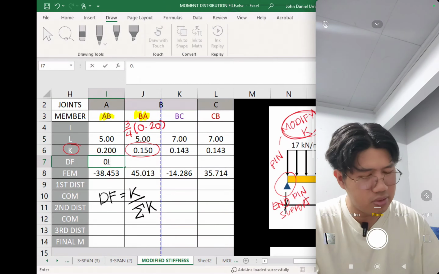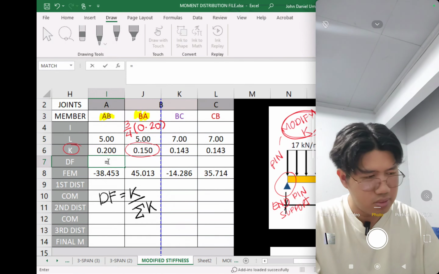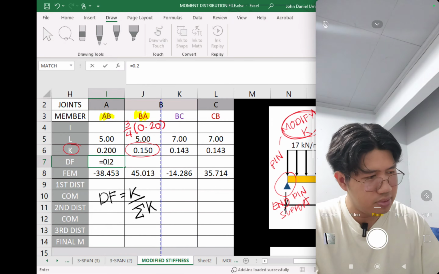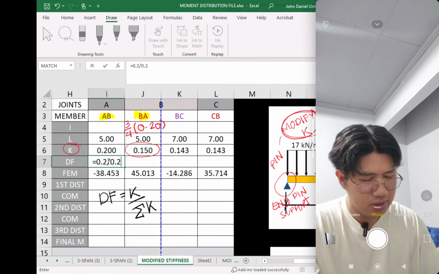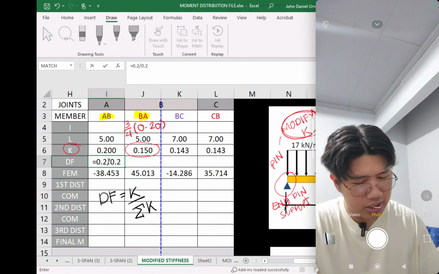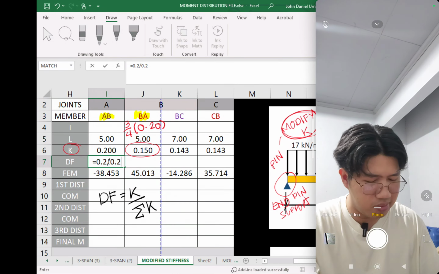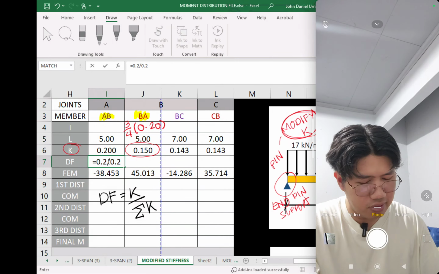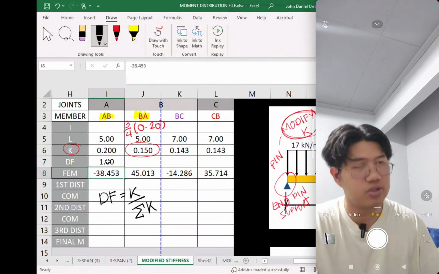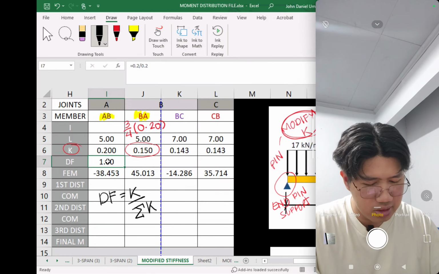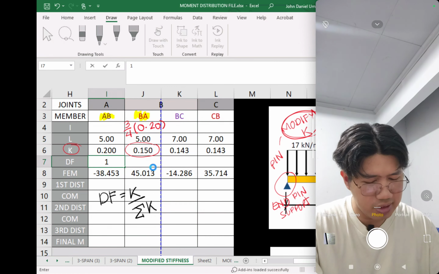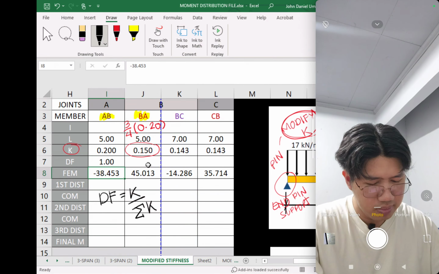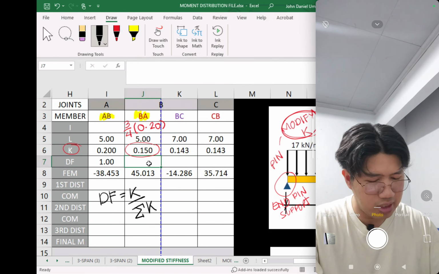So, that is 0.2 over 0.2, kasi yung summation KA is combination of member AB and the pin support. So 0.2 plus 0 is 0.2, kaya KAB over summation KA, which is also 0.2, is equals to 1, or simply we just give a value of 1 na DF para sa pin support na nasa dulo or a roller support na nasa dulo.